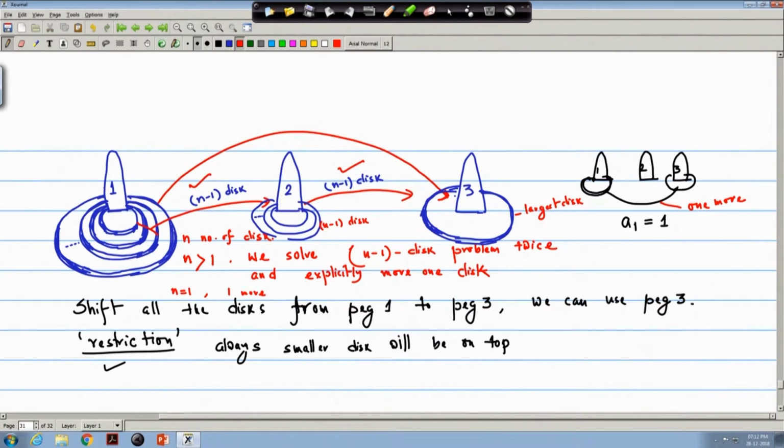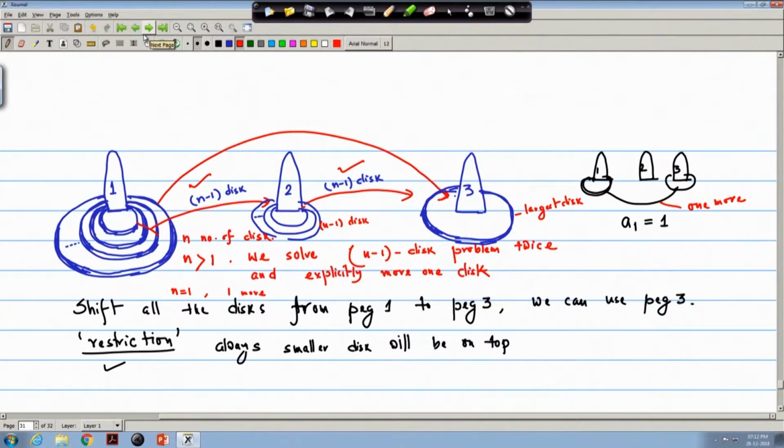Since at the top the first n minus 1 disks are moved from 1 to 2, then the largest disk is moved from 1 to 3, and the n minus 1 disks are moved from 2 to 3. Then we will be getting the solution that all n disks are moved from 1 to 3. So, this is our approach to solve the problem.